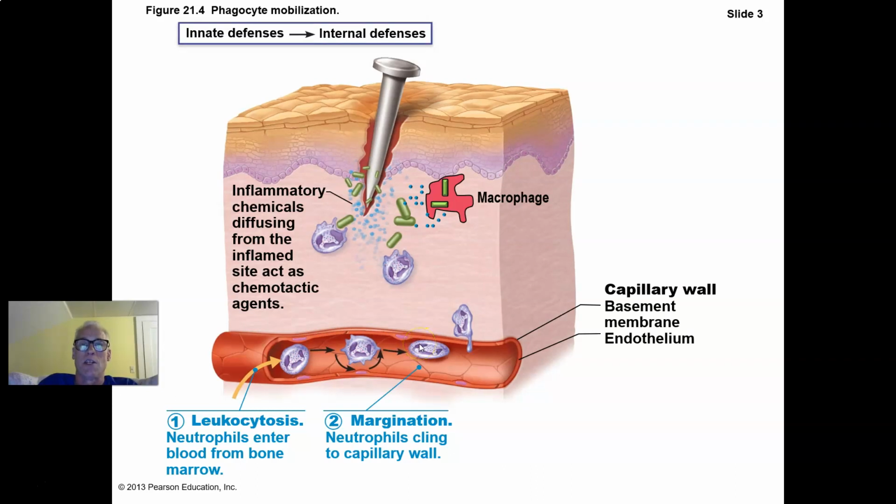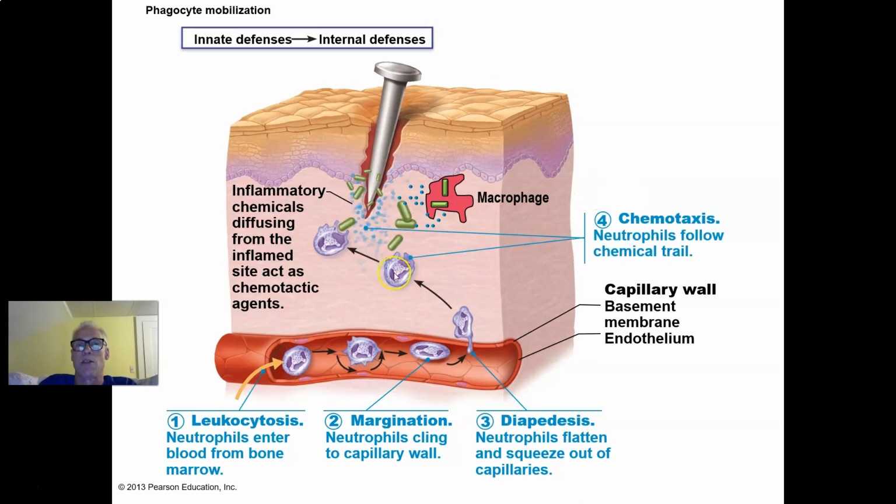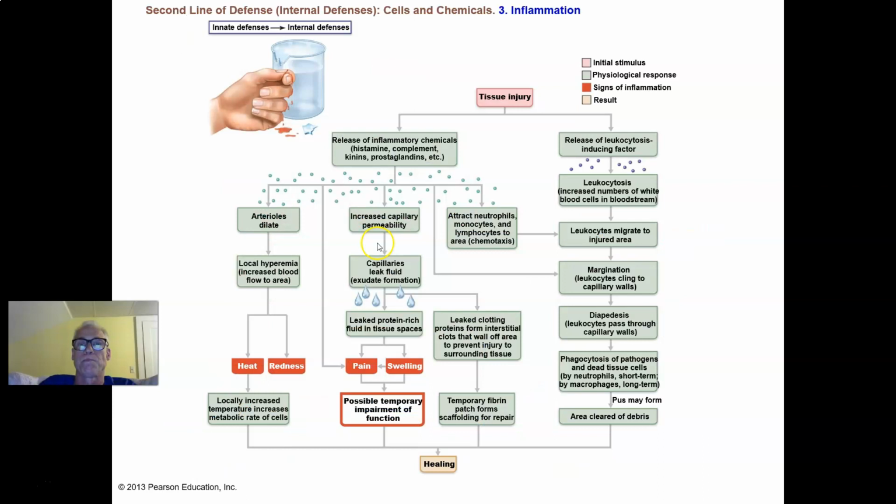Once they stick on the surface, they start to crawl through. That's called diapedesis. That word ped means foot process of the cells going to squeeze up through the wall of the capillary. And finally, chemotaxis is the movement of the cells in the direction of a concentration gradient. The inflammatory chemicals are most concentrated here and more dilute as they diffuse towards the capillary, so these cells are following the scent.